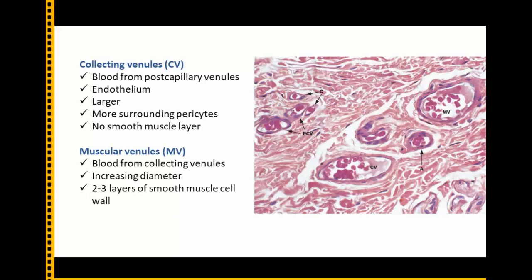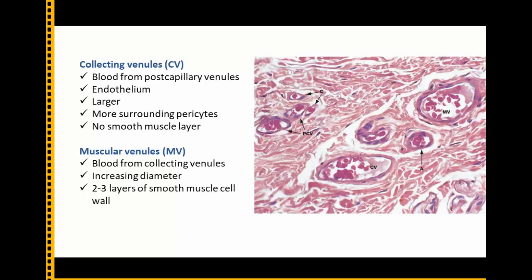Then come the collecting venules. These are much larger than the post-capillary venules. They have an endothelium but still no smooth muscle layer, but have more surrounding pericytes. Then come the muscular venules.